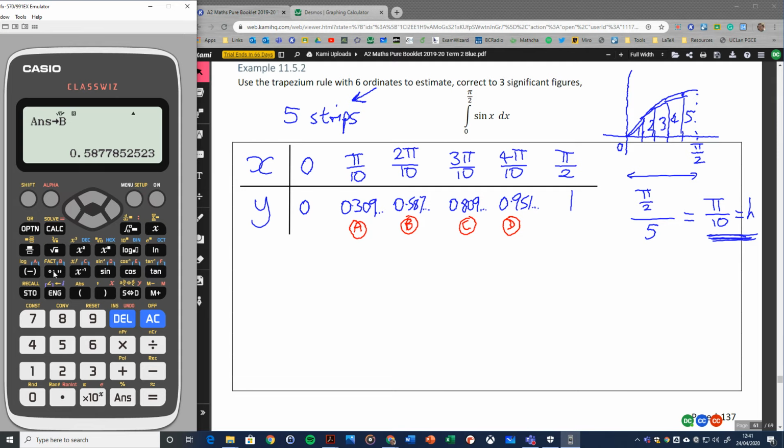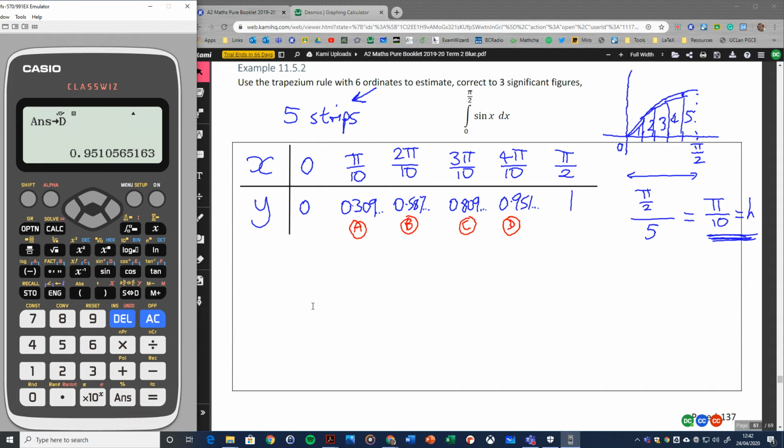Store under B. Again, I'm going to go up, change that 2 into a 3, press equals, store under C, up, change the 3 into a 4, store under D. Let's check that has worked using recall. So A 0.309, B 0.587, C 0.809, D 0.951. I haven't stored 0 and 1 because I don't see the point.